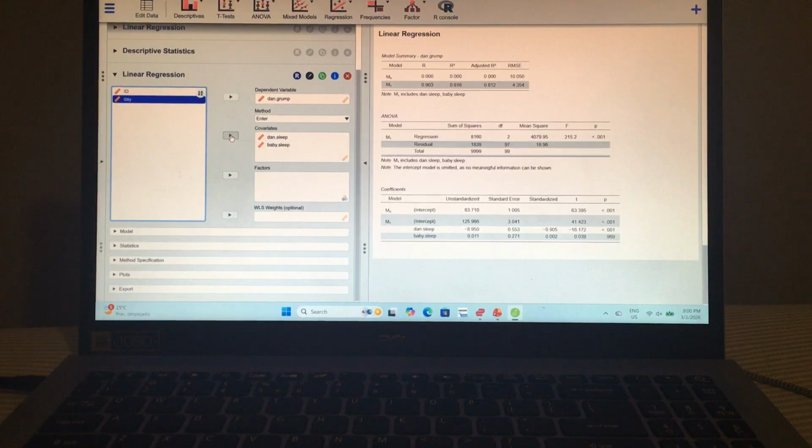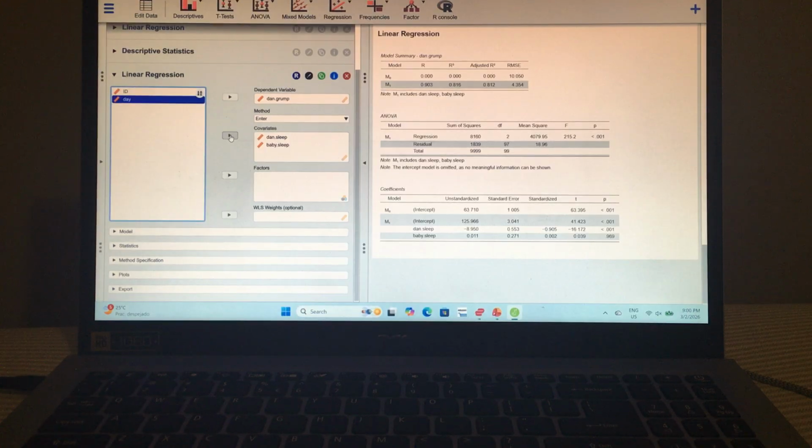We have our p-values, so less than 0.001 is recorded 3 times, and then at the very bottom is 0.969 for baby sleep. All right, so let's go through this.